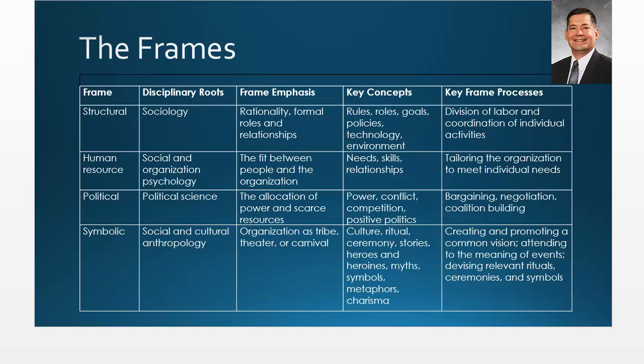In the political frame, it's normal. It's, if not welcomed, it's just how things are. And thus you need to have mechanisms for that allocation of power and those allocation of scarce resources. And there are all sorts of techniques associated with working in that type of an environment.